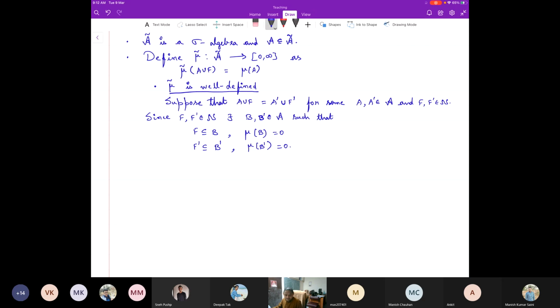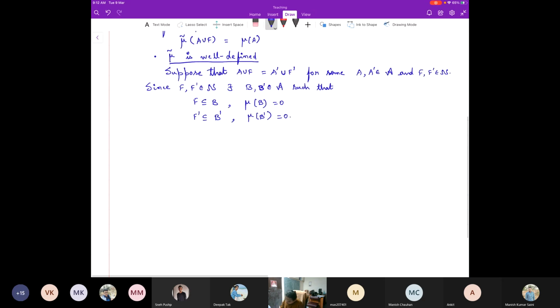Fine. A is contained in A union F, which is the same as A dash union F dash, which is contained in A dash union B dash, which implies mu of A is less than or equal to mu of A dash union B dash.